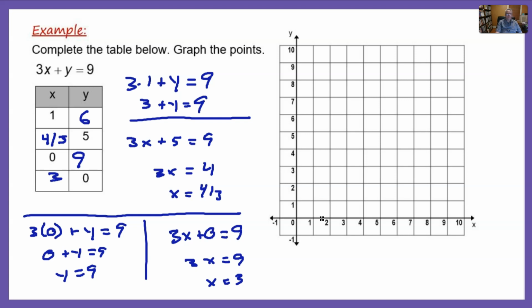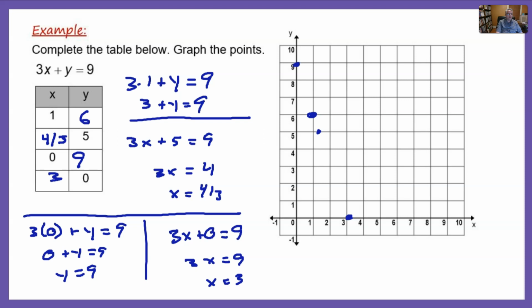So let's plot these points. 1, 6 would be about right here. 4/3, that's about 1.3, and 5 would be about here. All right, 0, 9 is right here. And 3, 0 is right there.